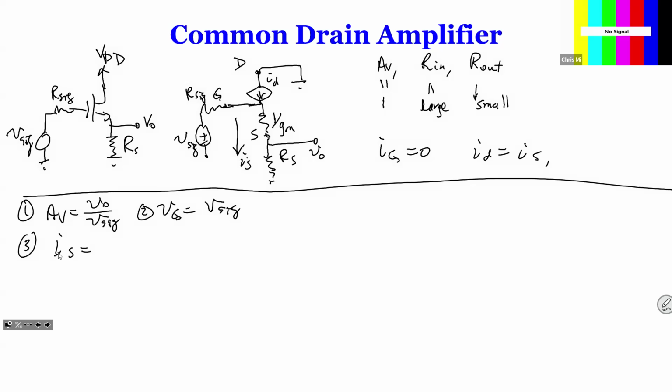IS is going to be VG over 1/GM plus RS, correct? Because that's VG at there.